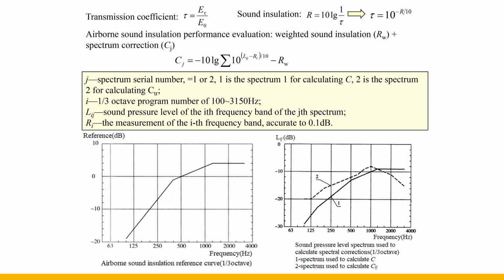Use the reference curve with the sound insulation measurement curve to find the Rw value, find the Lij value on the sound pressure level spectrogram, and substitute the measured values Rw and Lij into the above spectrum correction calculation formula to obtain C. According to the sum of Rw and C, check the building sound insulation evaluation standard. The air sound insulation performance grade can be obtained, which is divided into 9 grades.